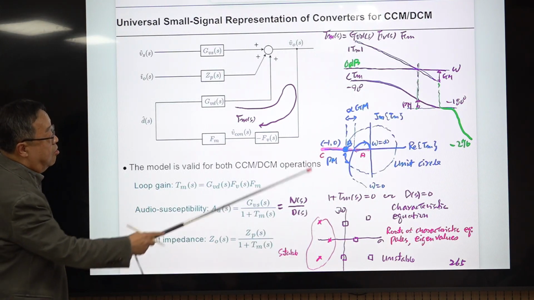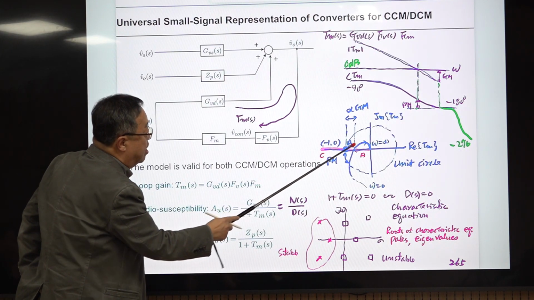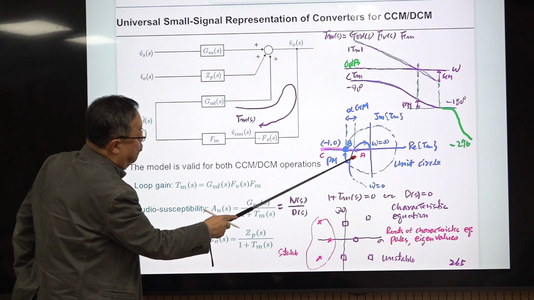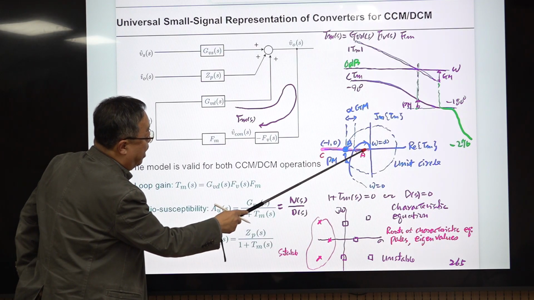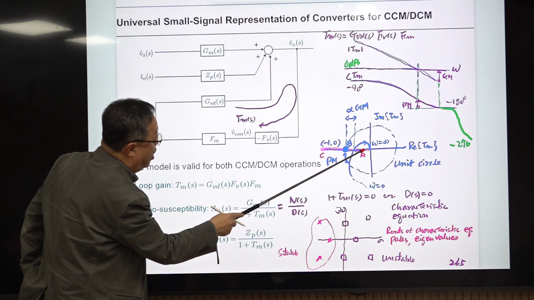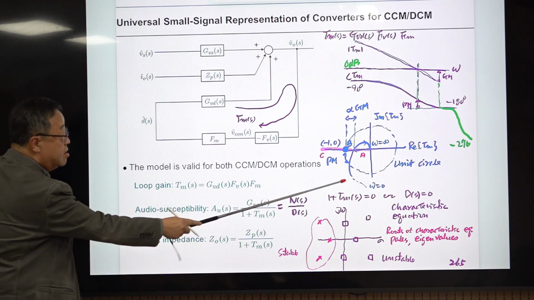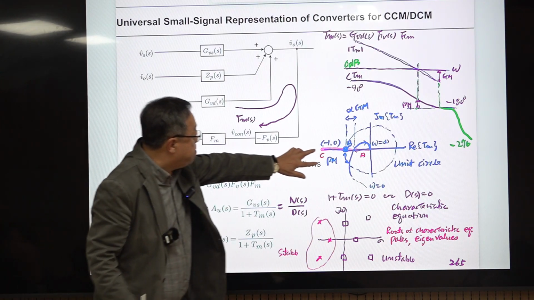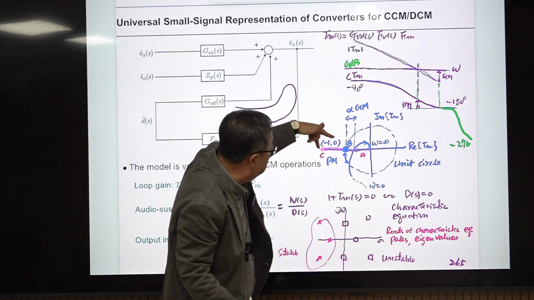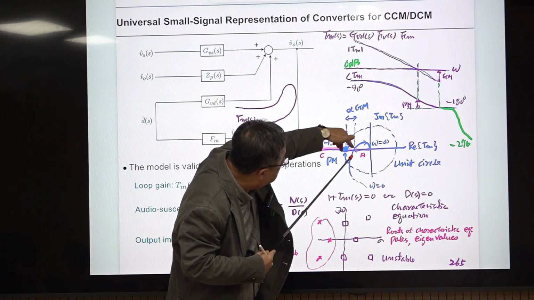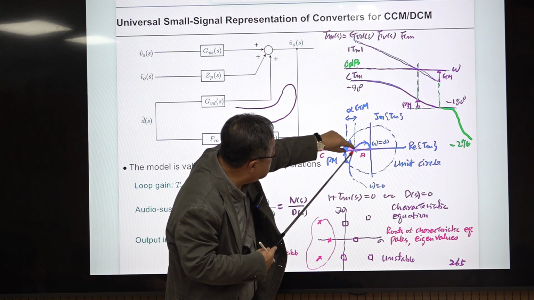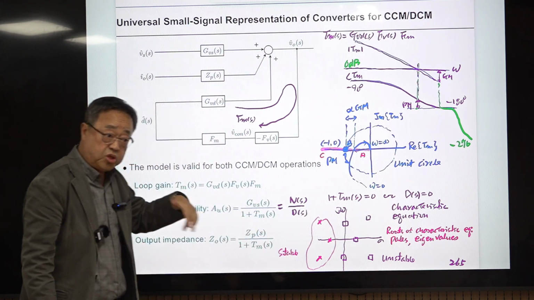So we defined this line segment A, this critical point B, and the line segment C. We conclude that when this crosses the minus real axis at one point in line segment A, the converter is stable. So this is the stable case, and this unit circle and this angle is the phase margin, which is the same as this. But this distance between the minus real axis crossing and this critical point is proportional to GM.